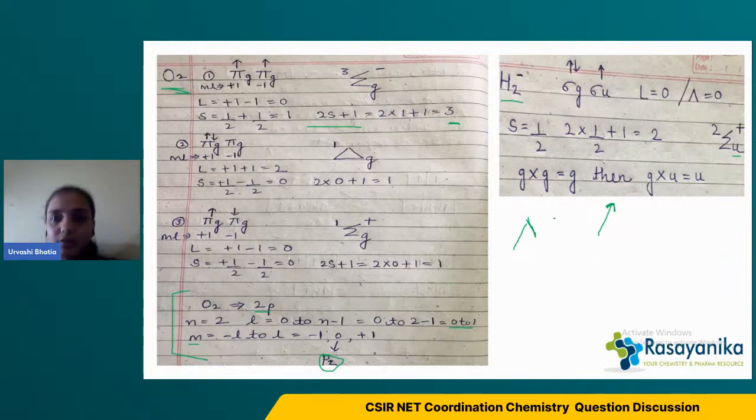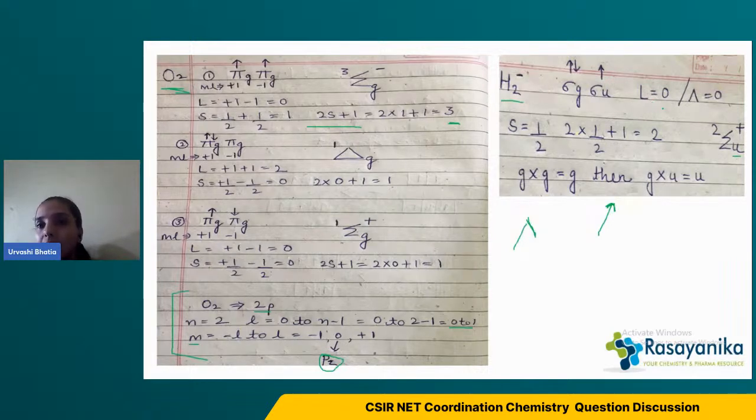So sigma g and sigma u, the bonding and the anti-bonding. One H atom and the other H atom combine, and the bonding orbital will comprise 2 electrons. And since it is minus, 1 electron will occupy the anti-bonding molecular orbital.